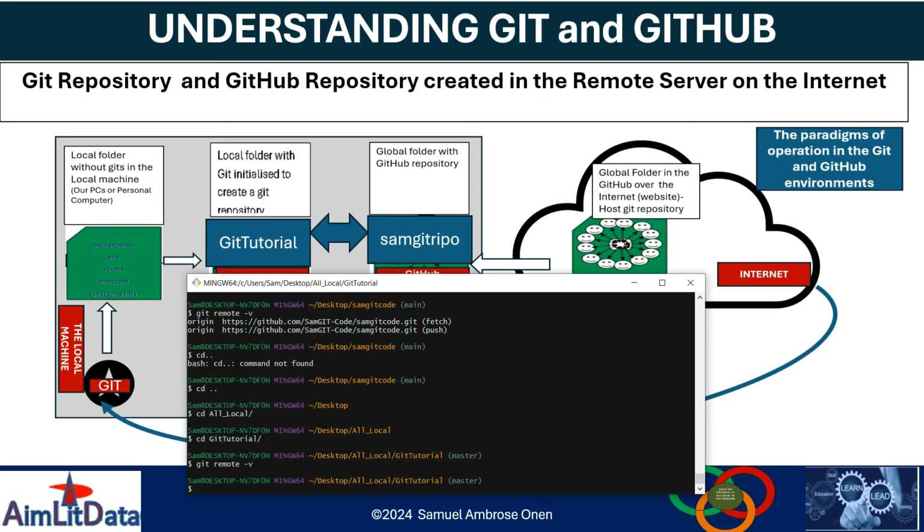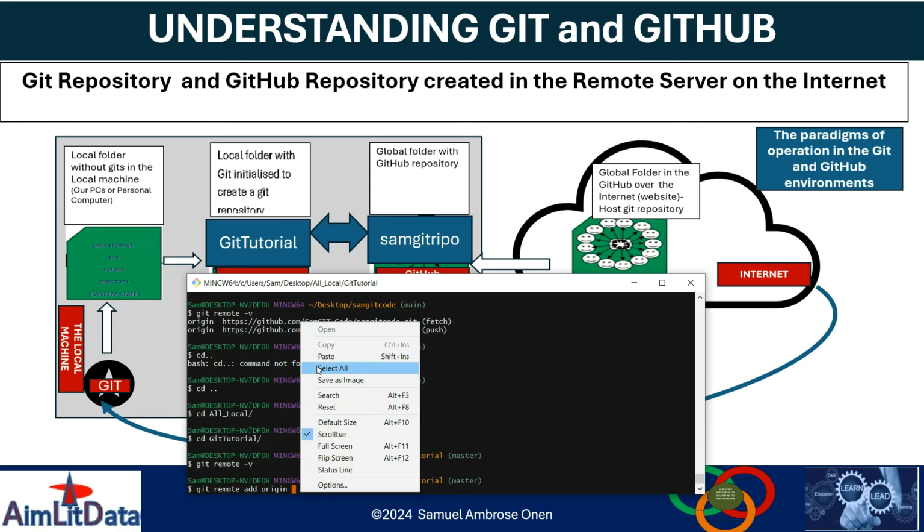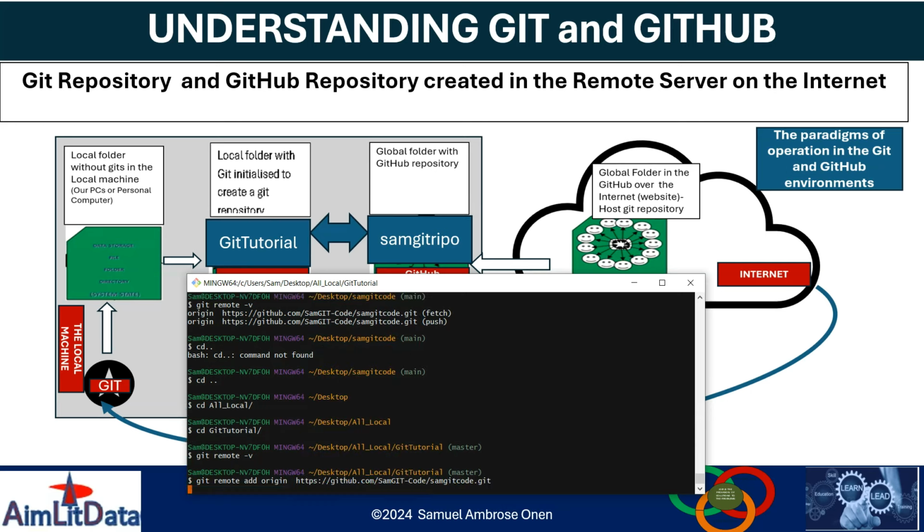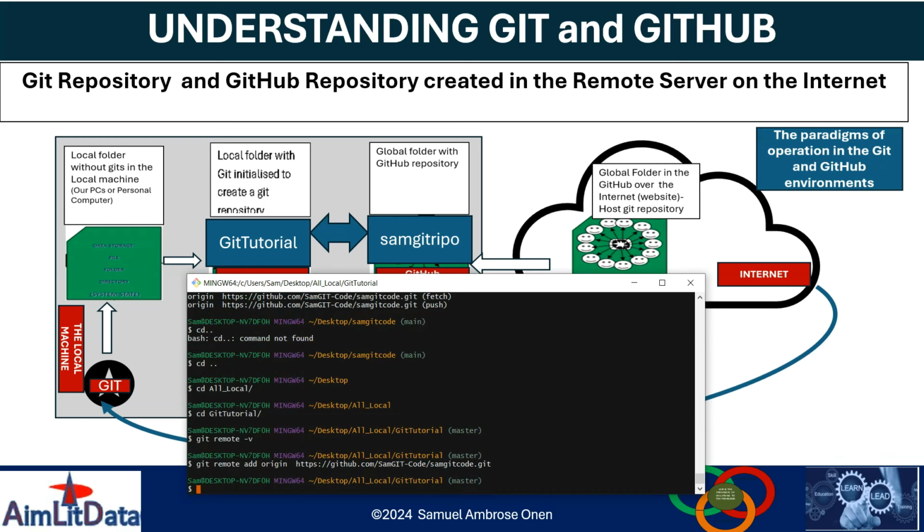So to do that, we do git remote add origin, and then you bring the URL, paste it here. So I've done that connection.